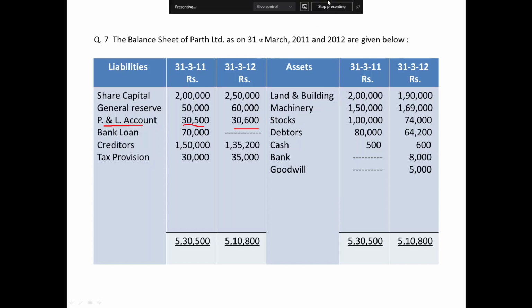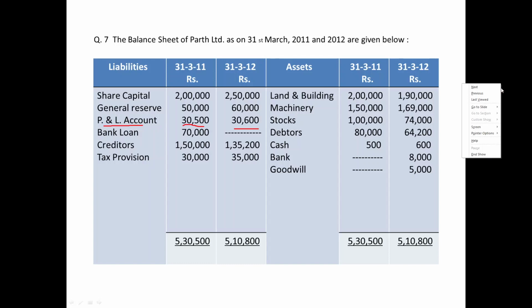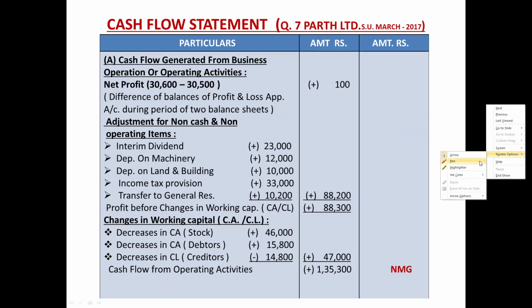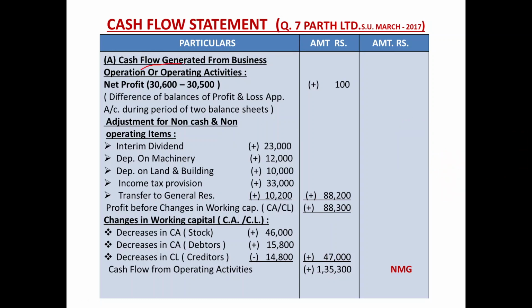Let us do it once again. 30,600 minus 30,500 gives the profit of the year under title A, cash flow generated from business operation or operating activities. Difference of balances of profit and loss appropriation account during the period of two balance sheets: 30,600 balance of current year minus 30,500 balance of last year gives the profit of the year, 100 rupees. So plus 100.